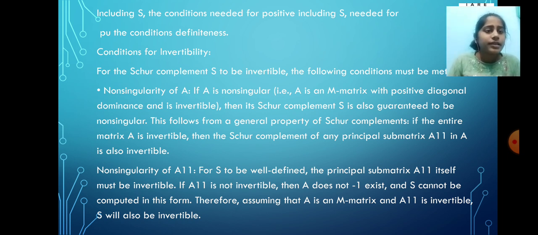For S to be well defined, the principal submatrix A11 itself must be invertible. If A11 is not invertible, then A11 inverse does not exist and S cannot be computed in this form. Therefore, assuming A is a matrix and A11 is invertible, S will also be invertible.